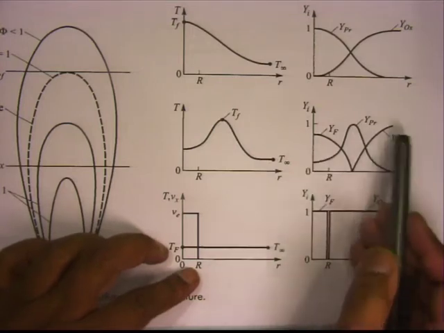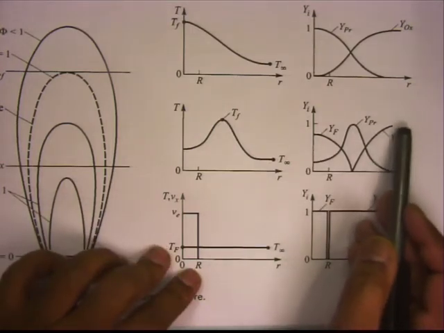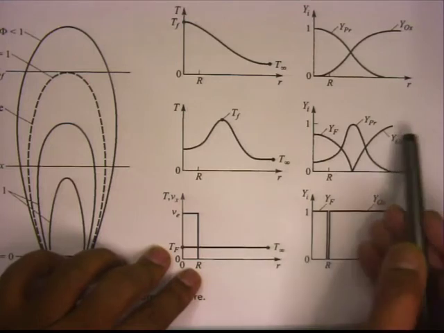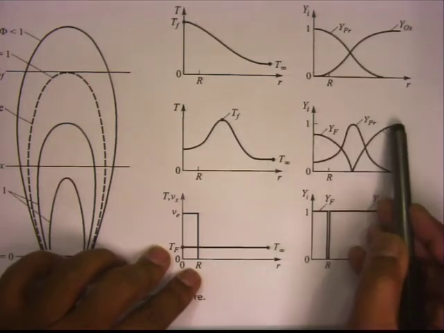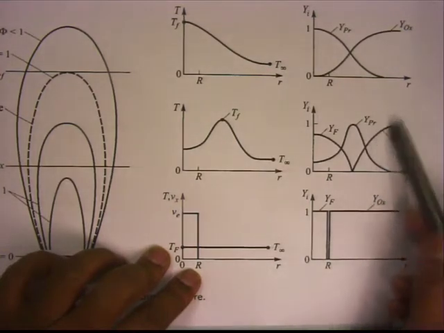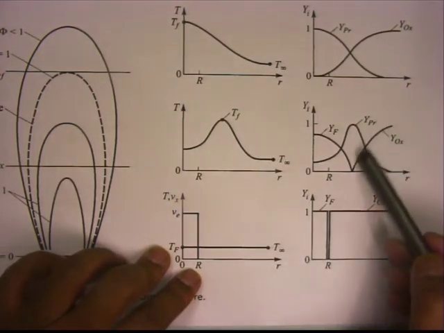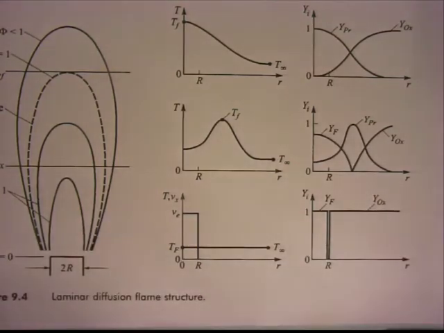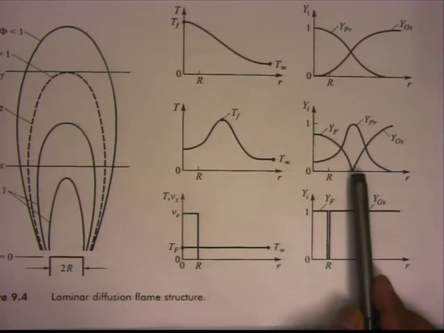And if you look at the Y oxidizer profile, this is actually more like 1 some distance away, because there is not much product in here, but Y oxidizer comes like this, and like fuel, Y oxidizer also comes to 0 at the flame. So this is the location when phi is approximately equal to 1.